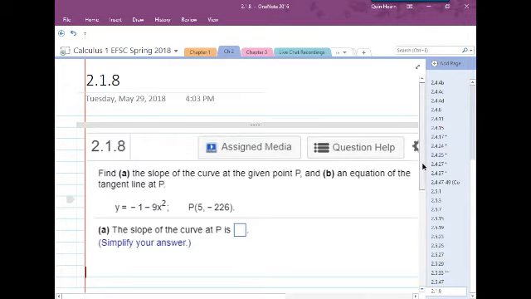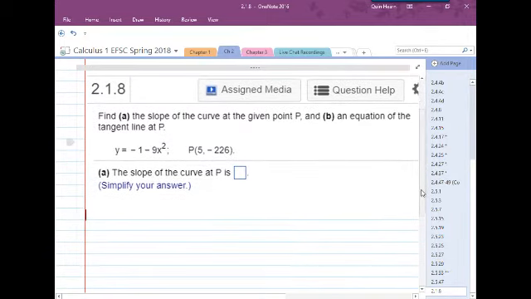Okay, so here we're going to find the slope of a curve at the given point P. And by the way, the slope of a curve is what calculus is about, especially Calculus 1. So this isn't going away. We will learn some shortcuts for finding the slope of the curve at a point, but this covers the basics.